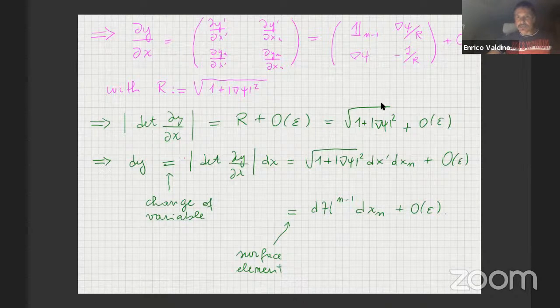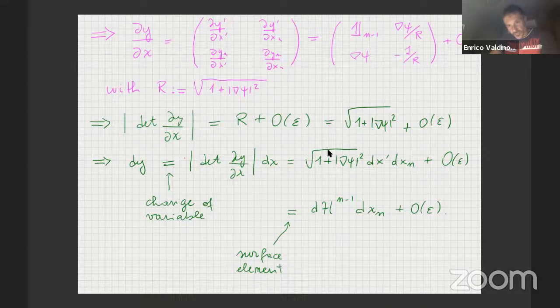But the radical is also, and this is very nice, locally the surface element. So if I think of it as a change of variable, the volume element dy, this Lebesgue volume element, is just the Jacobian determinant times dx, but the Jacobian determinant produces naturally the surface element given by the radical.